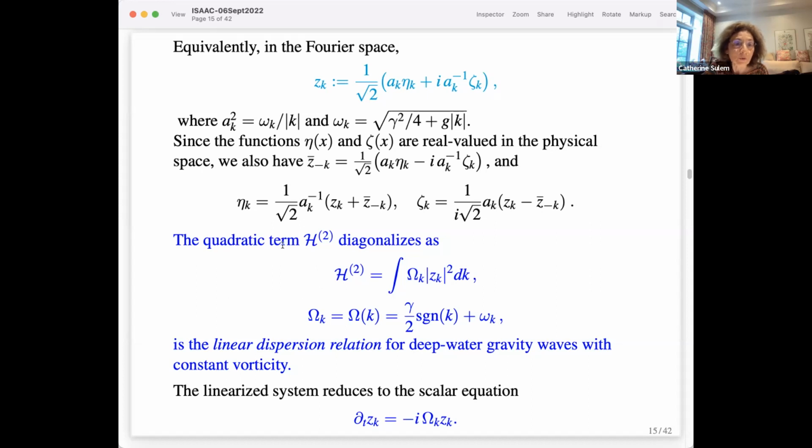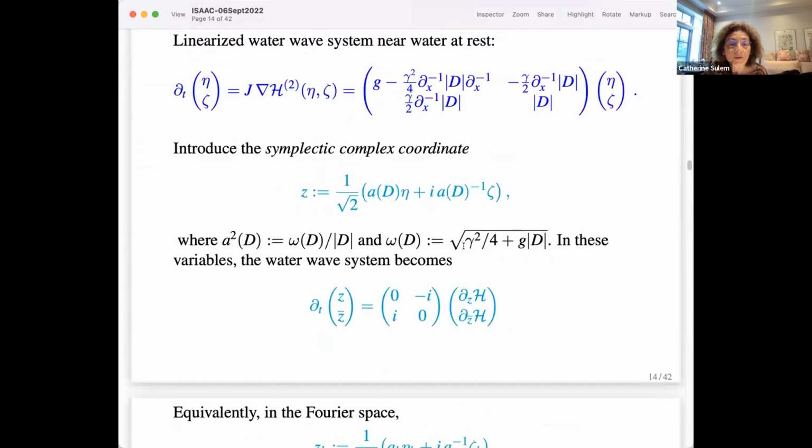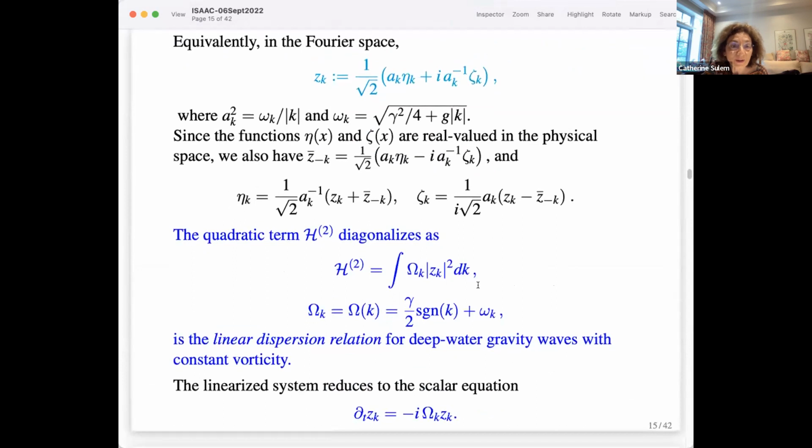Associated to this quadratic term, there is a linear dispersion, and we see here the linear dispersion is denoted capital omega of k. Omega of k was defined a little bit before here. It is the square root of gamma squared over 4 plus gk, and it is modified again by an extra term.